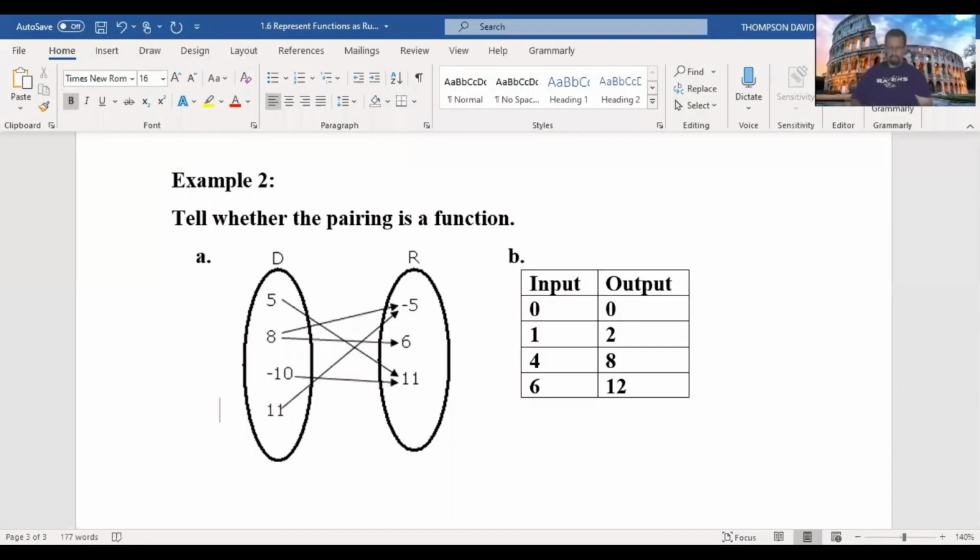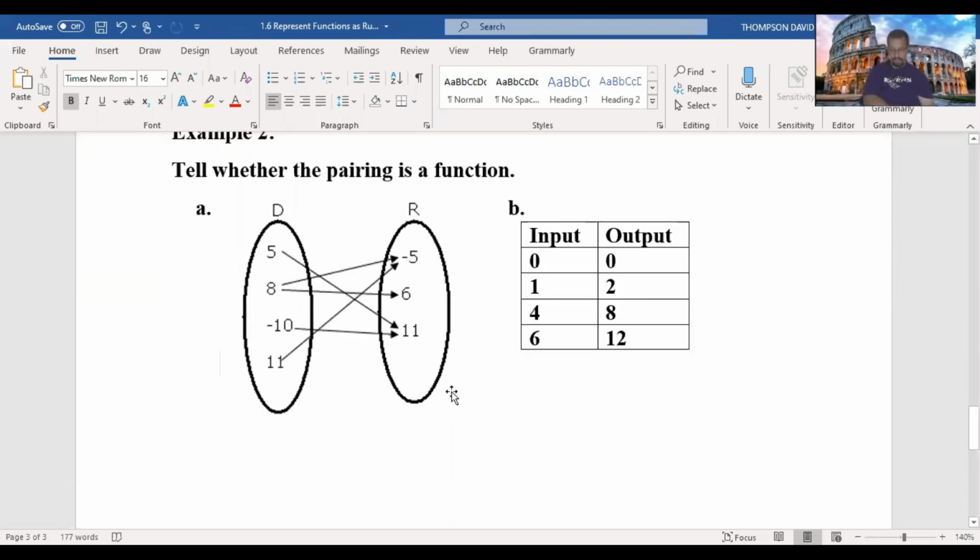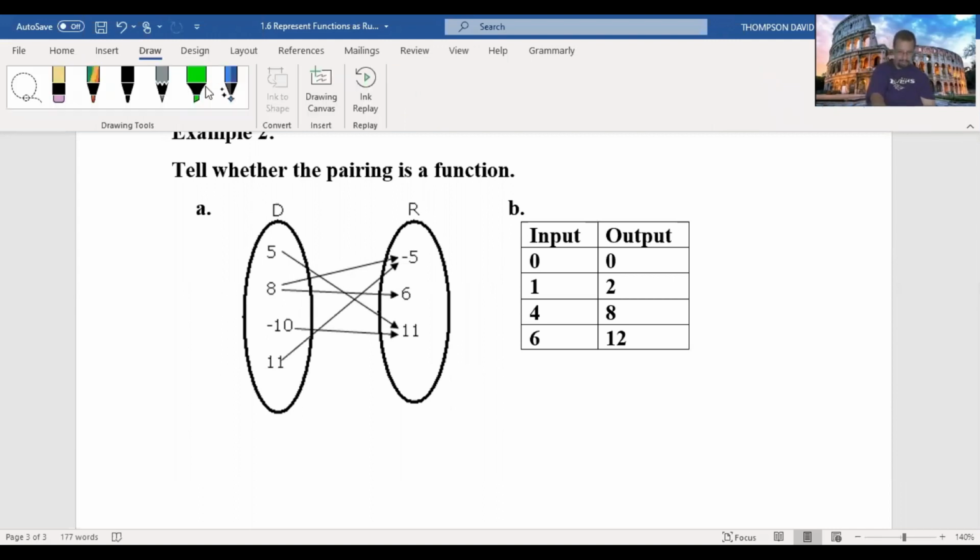Example 2. Tell whether each pairing is a function. So in our first part, A, we have a mapping from our domain to our range. Let's highlight these so we can see what I'm talking about. We have 5 going to 11.